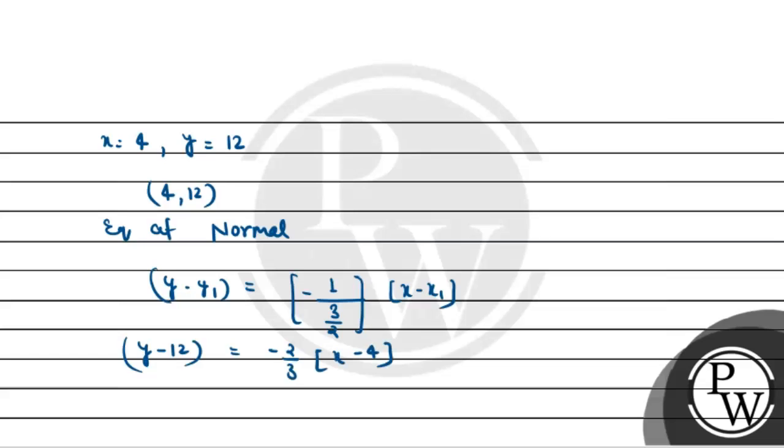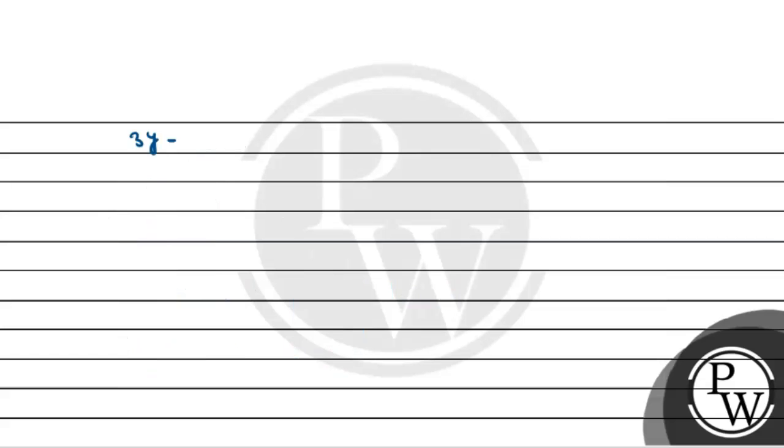After solving this equation, we get 3y minus 36 is equal to minus 2x plus 8. Okay, so our equation will be 2x plus 3y minus 36 minus 8, that is minus 44, is equal to 0.